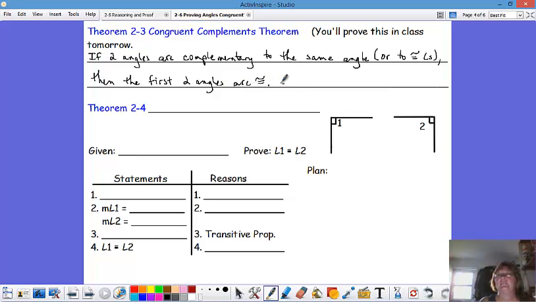That is very similar to the congruent supplements theorem. It's just that complementary angles add up to how much? It's not 180, 90. So tomorrow in class we'll be writing a very similar proof to two that we've done today.